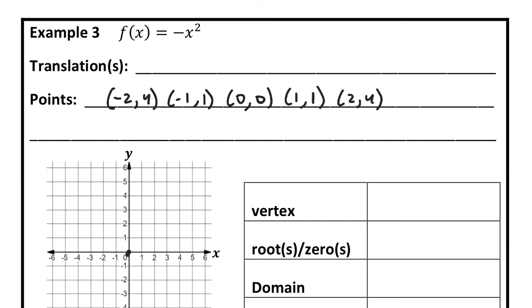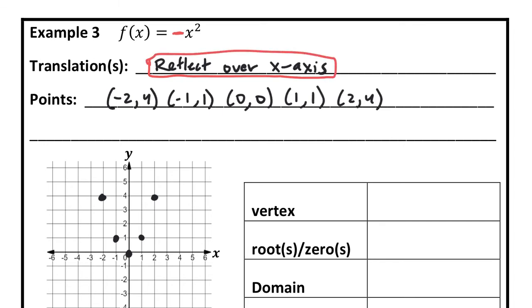So that's 0, 0, 1, 1, 2, 4, -1, 1, -2, 4. And the translation here is a negative. So there is a reflection over the x-axis.